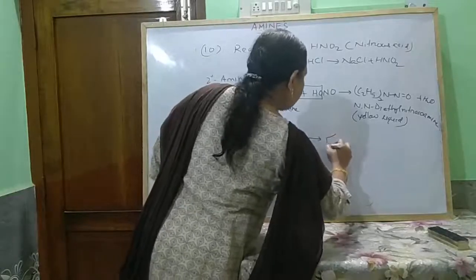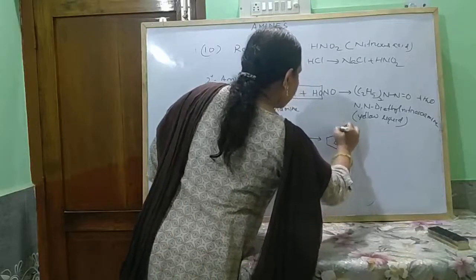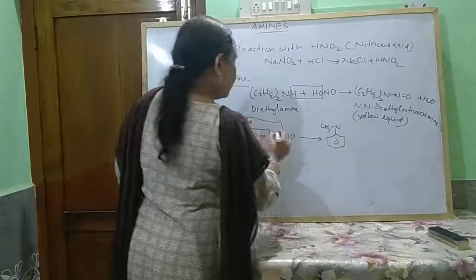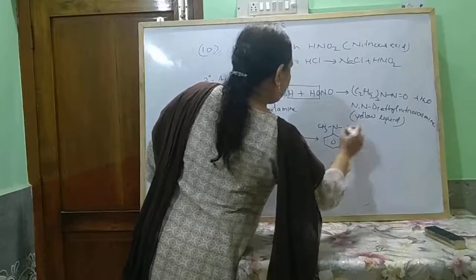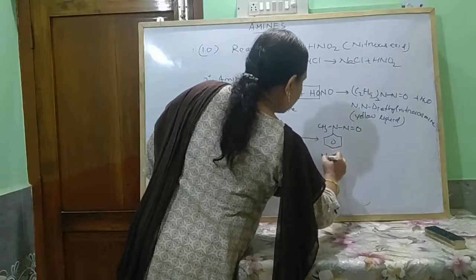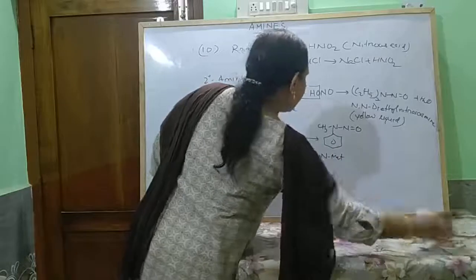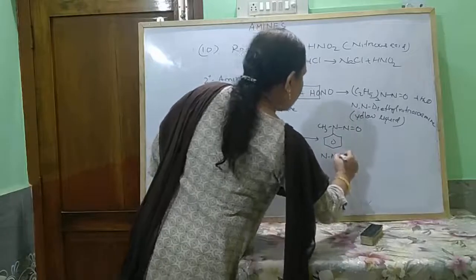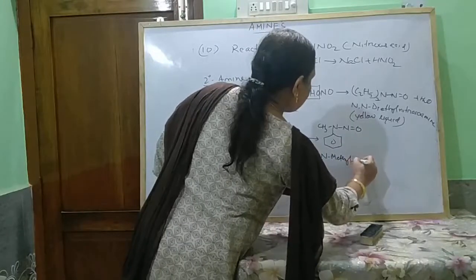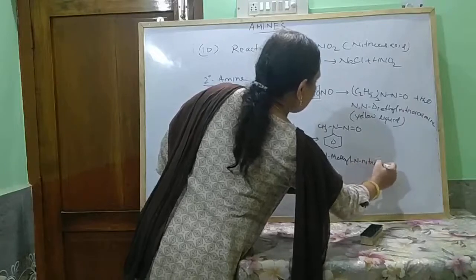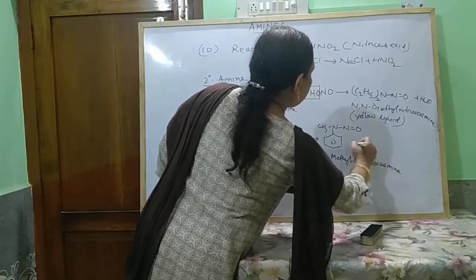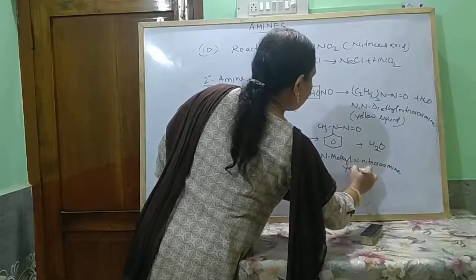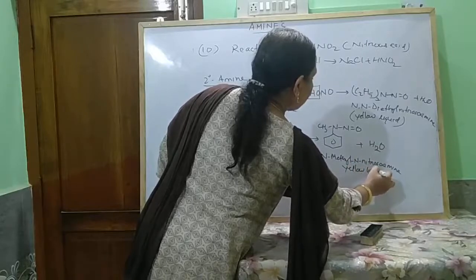It forms N double bond O. This is N-methyl-N-nitrosoaniline plus H2O. This is also a yellow liquid.